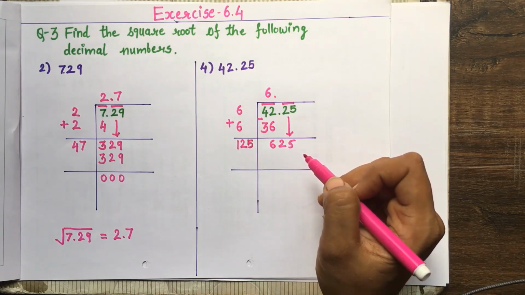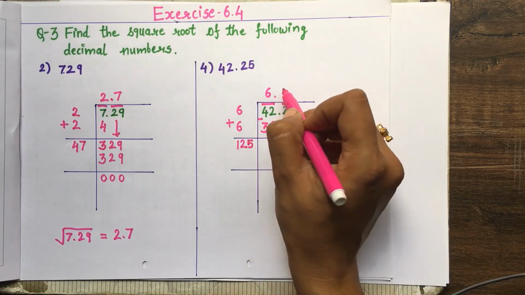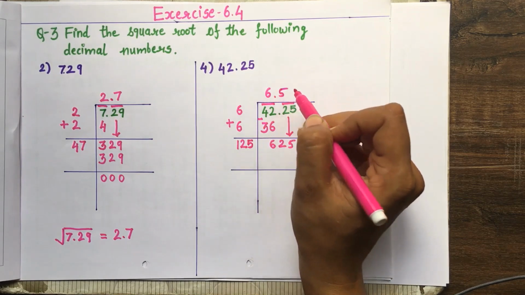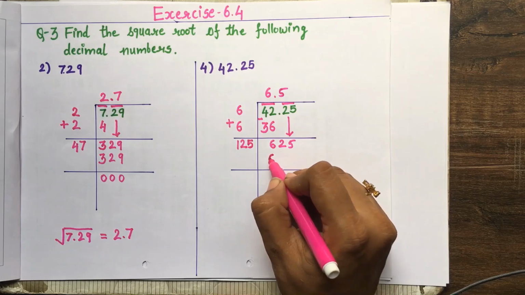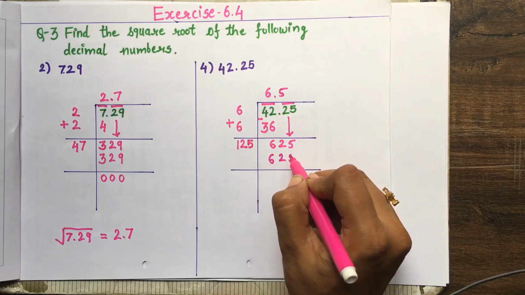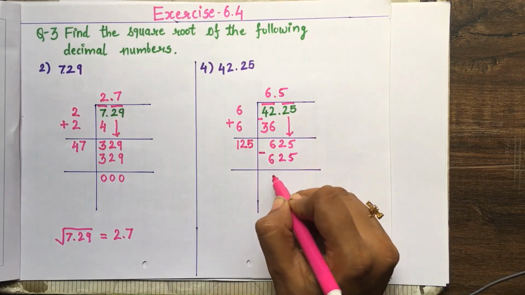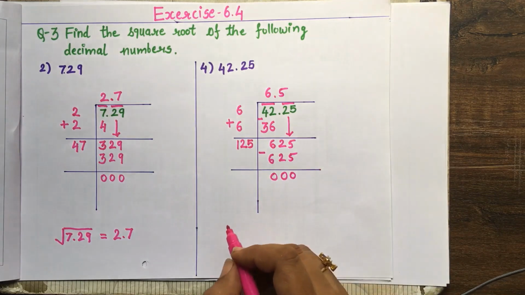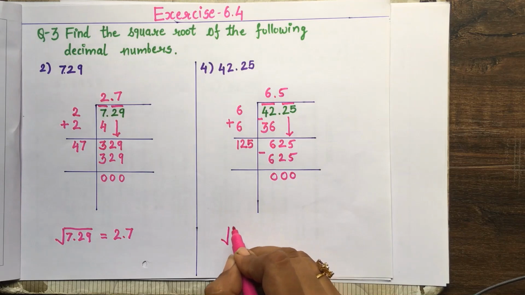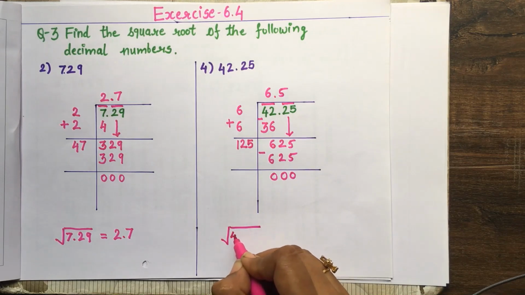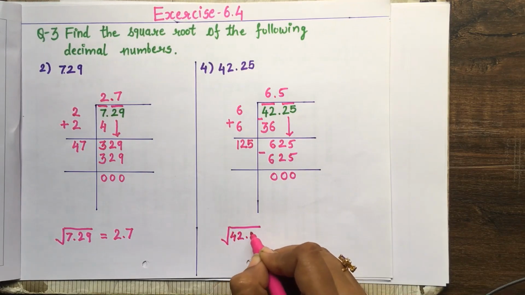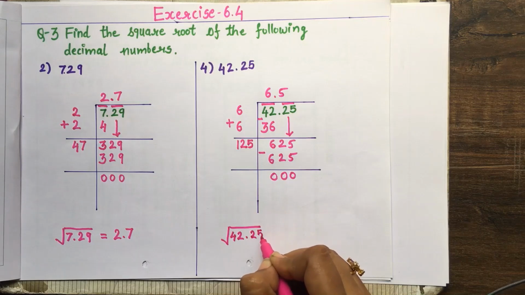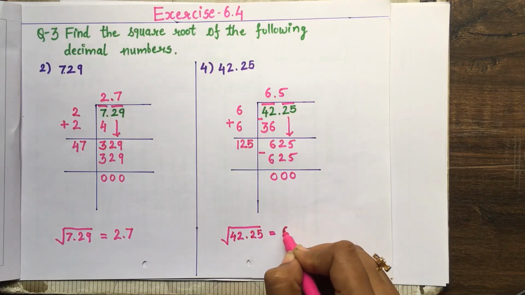So 125 into 5, or we can say 125 5s are 625. The difference will be 0, and the square root of 42.25 is equal to 6.5.